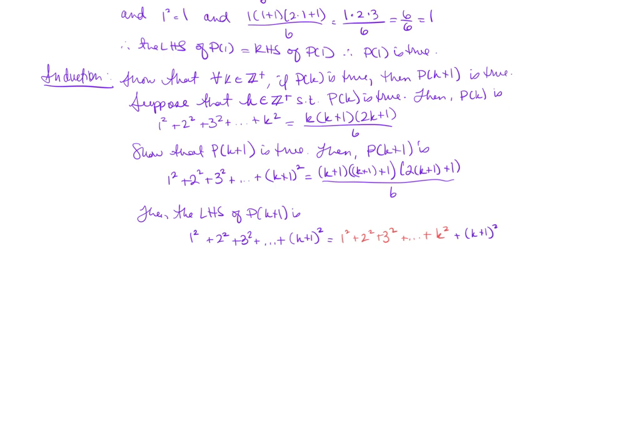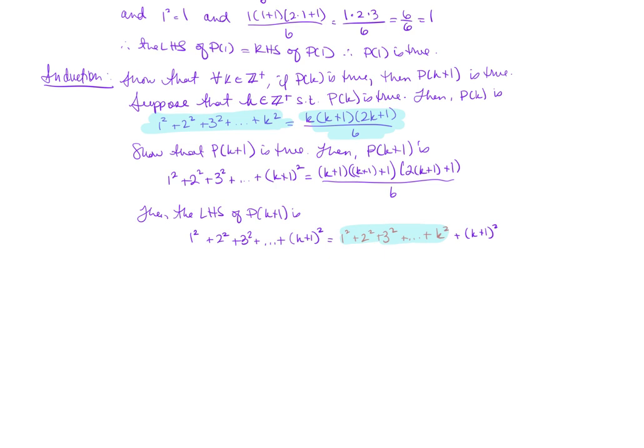And again, just as before, we know that 1 squared all the way up through k squared, the sum of the first k terms, is the same as k times (k plus 1) times (2k plus 1) all over 6.